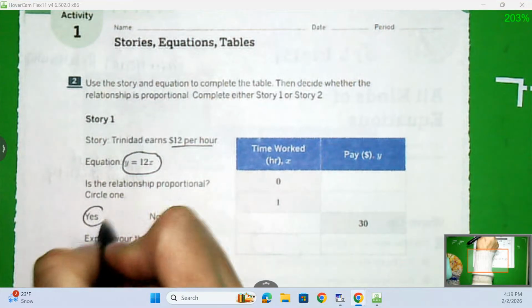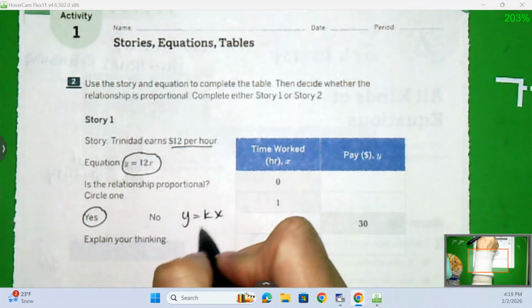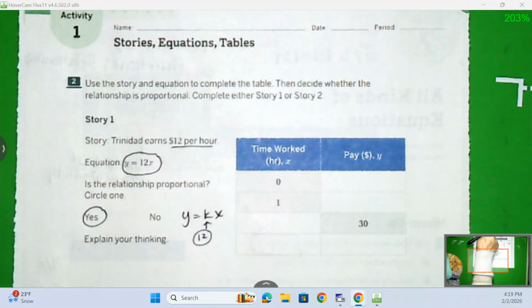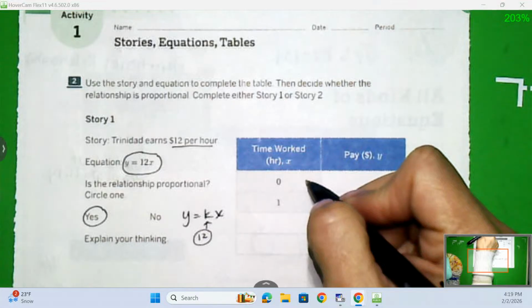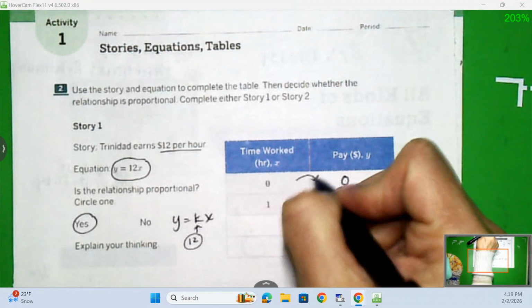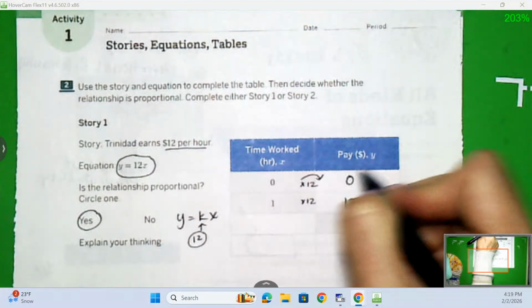Yes, because it's in the form y equals kx, where k is 12. To complete the table, 0 times 12 is 0, and 1 times 12 is 12.